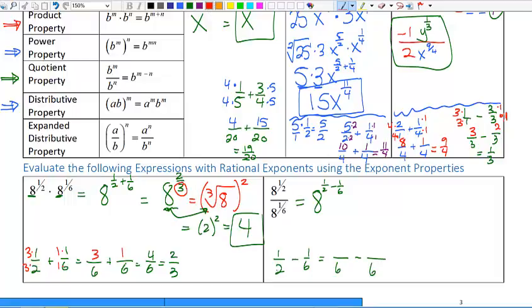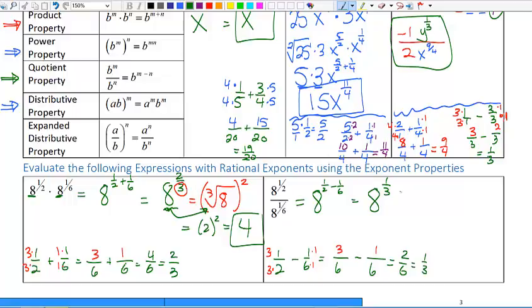So I'm going to have to multiply the first fraction 2 by 3 in order to get 6. The second fraction I'm going to multiply by 1, and then it's 1. So 3/6 minus 1/6 this time gets me 2/6, and 2/6 reduces to 1/3. So this answer is 8 to the 1/3. Now, if 8 was a variable, I wouldn't have to do anything else.